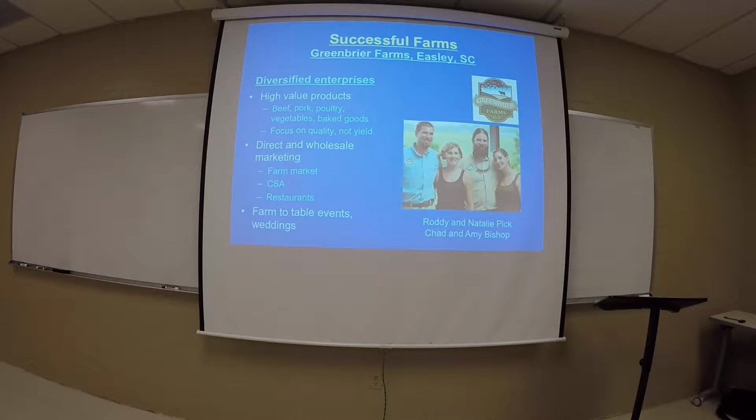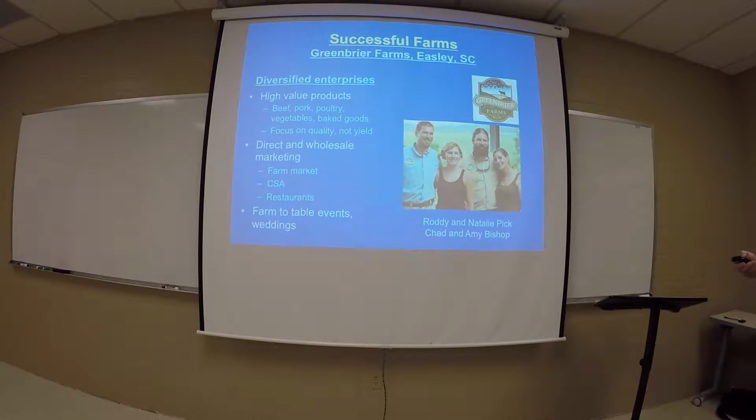They spread the risk around throughout a lot of different market products and market strategies. They do beef, pork, poultry, vegetables, and baked goods. The focus is on quality, so they can demand a high price for their products, and people know that their products are high quality.